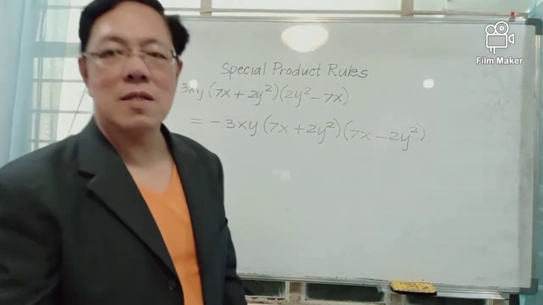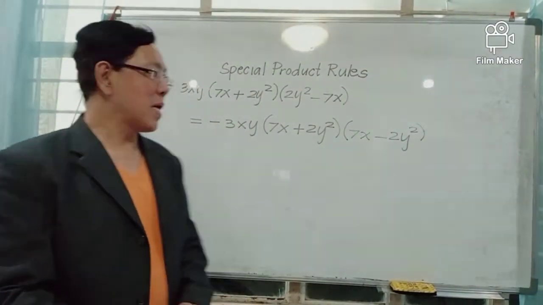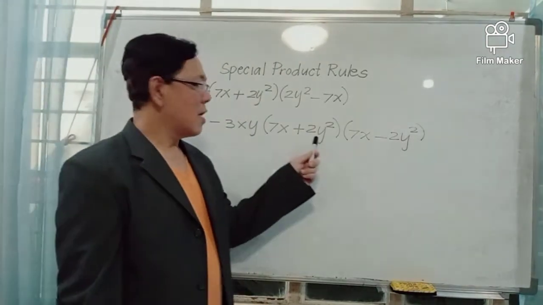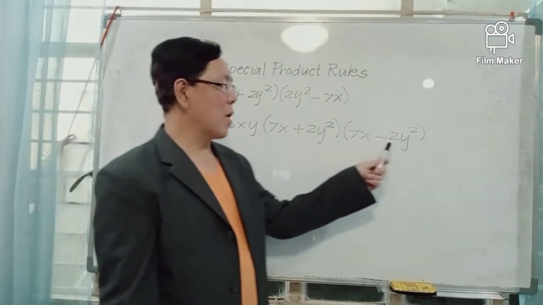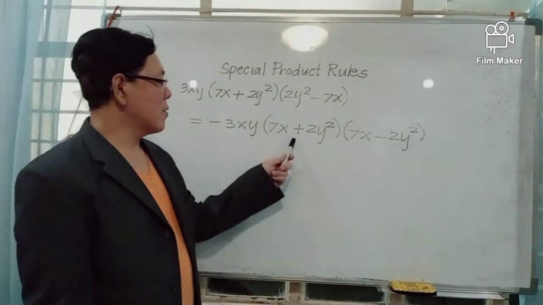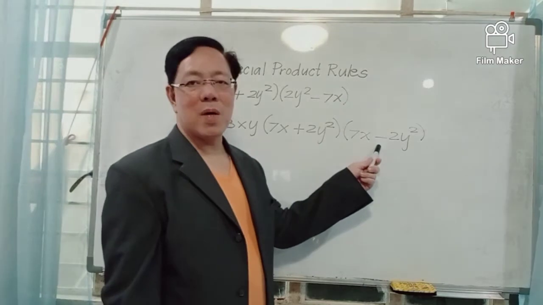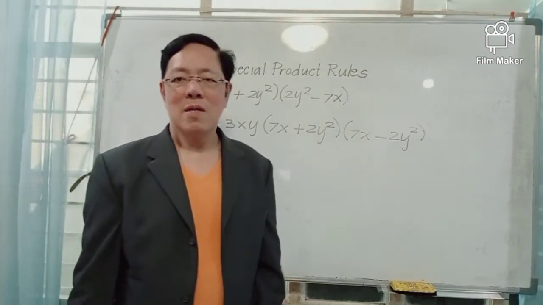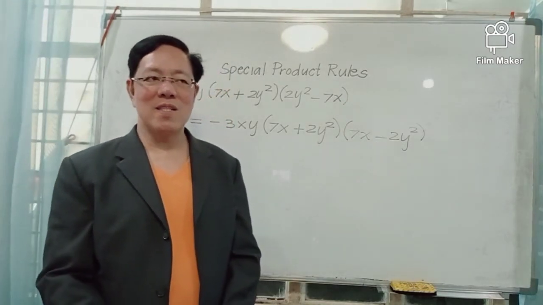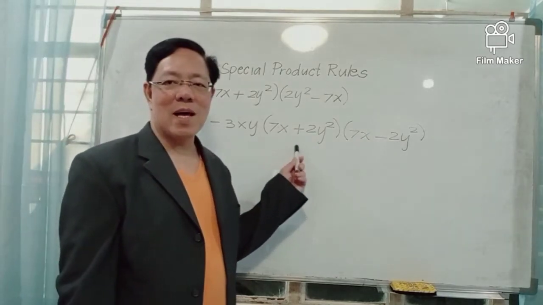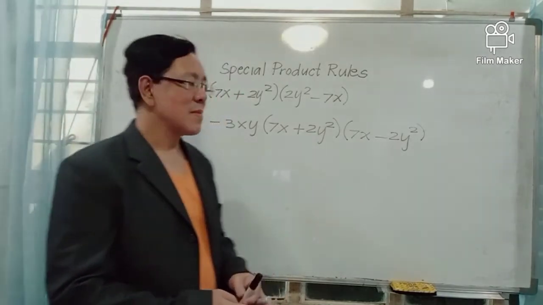Now you can see that the two binomials have the same first term 7x and the same second term 2y squared. And in the first binomial we have a sum, in the second binomial we have a difference. Now we can apply the special product rule number 1 to find the product of the sum and difference.